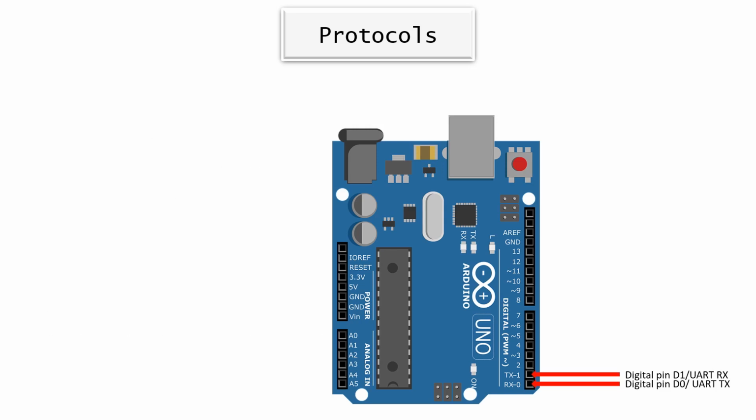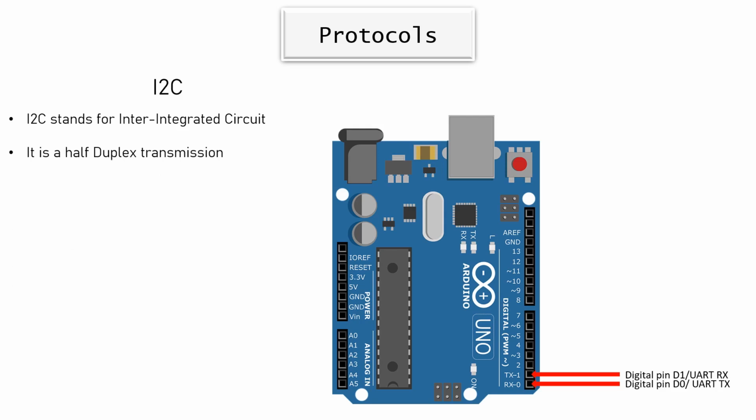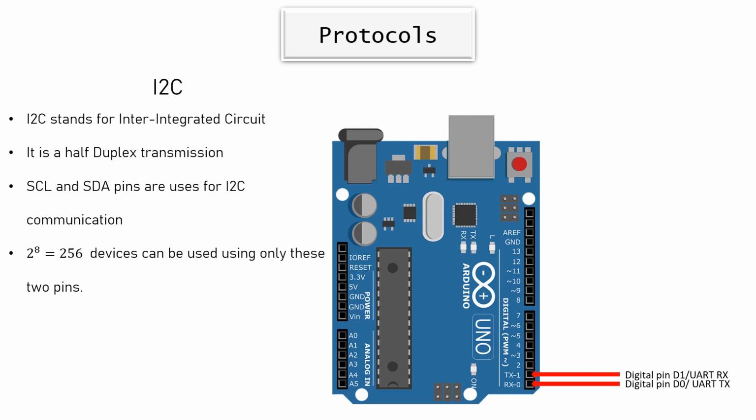Next, I2C. I2C stands for Inter-Integrated Circuit. It is a half duplex transmission. SCL and SDA pins are used for I2C communication. 2 to the power 8, that is 256 devices can be used using only these 2 pins.